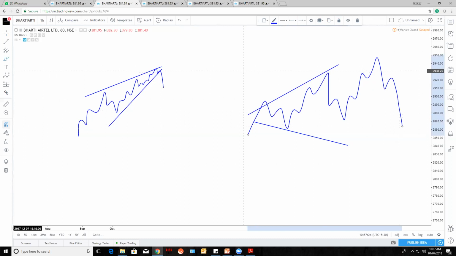Let's say this is an expanding type of diagonal and this is a contracting type of diagonal. They're telling that wave 4 cannot come into the area of wave 1, except in a diagonal or triangle.